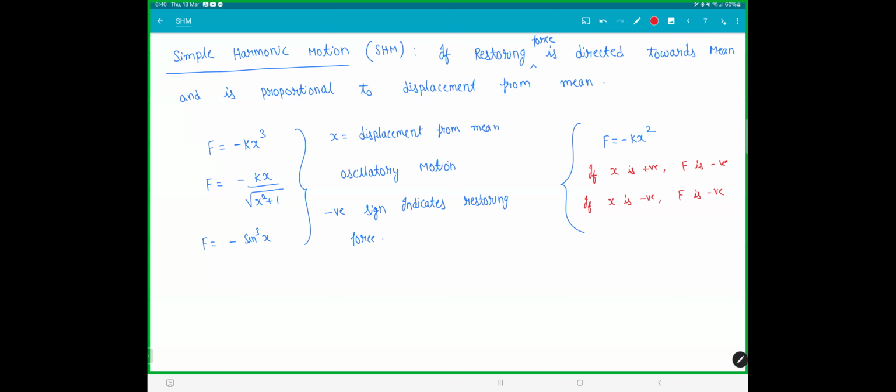You getting the problem? Look at the sine cube function here also. If x is positive, sine is positive, minus sine cube is negative. If x is negative, then sine of minus theta is minus, so it becomes plus. Clear, Daksha? So there, even this thing is oscillatory. So be careful with that. This is not oscillatory. Just because you saw an x function and a minus sign, don't say it is oscillatory. It should satisfy that main condition that the force and x must always be opposite.